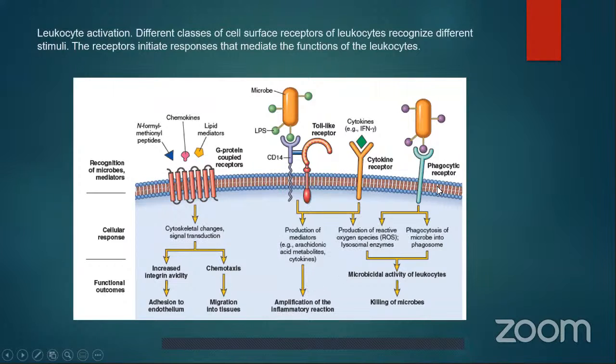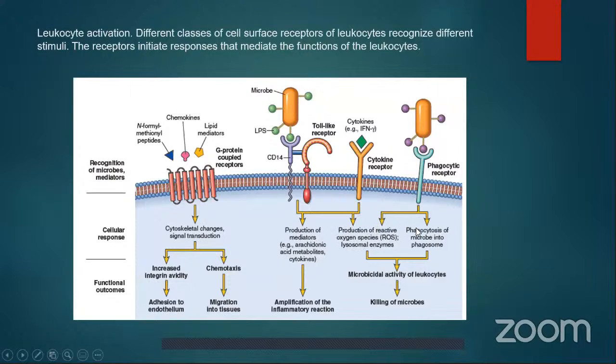Along with this, today we are going to learn about the phagocytic receptors, which I just listed out, the different categories of the phagocytic receptors. So the microbe is going to bind to the phagocytic receptors, and once that binds to it, two things will happen. One is production of reactive oxygen species and release of lysosomal enzymes.